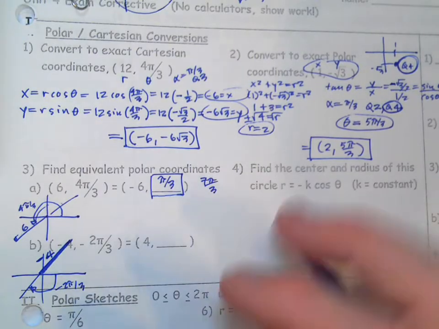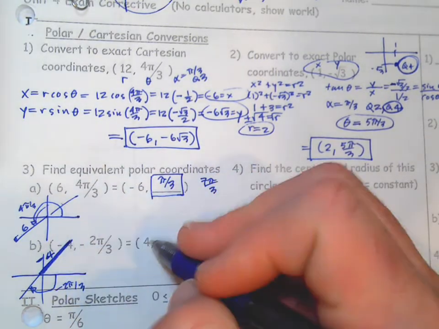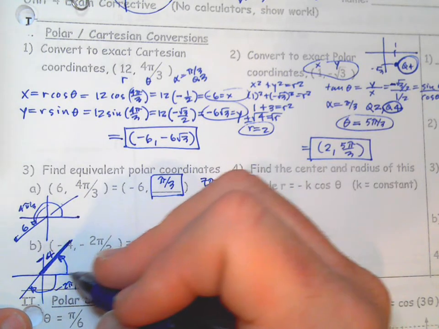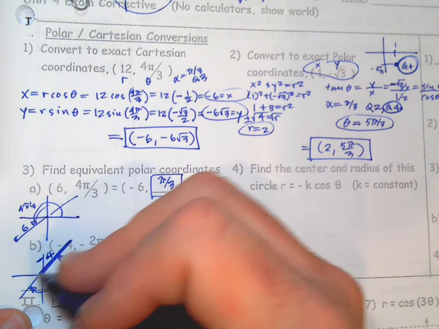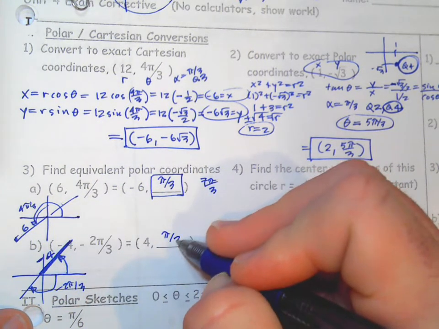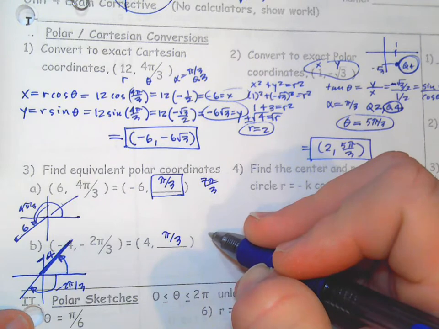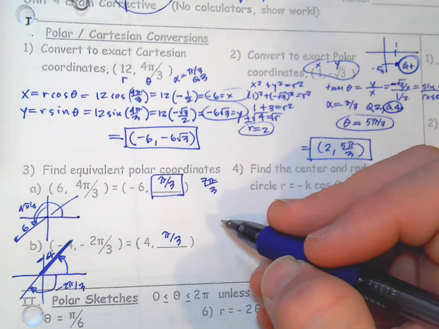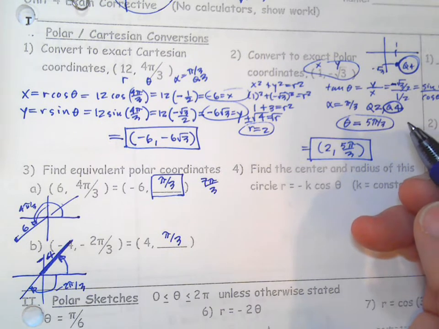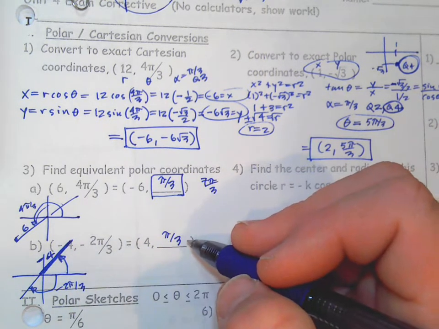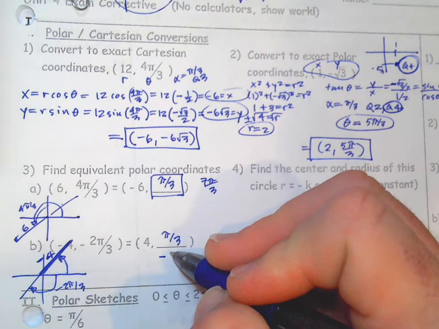So to get to the same place with the positive radius, we could add pi to this, and that would be, you had pi over 3. You could add another pi, that put you at, well, you'd have to add another 2 pi at that point. Or you could take pi away from that and be negative 5 pi over 3.